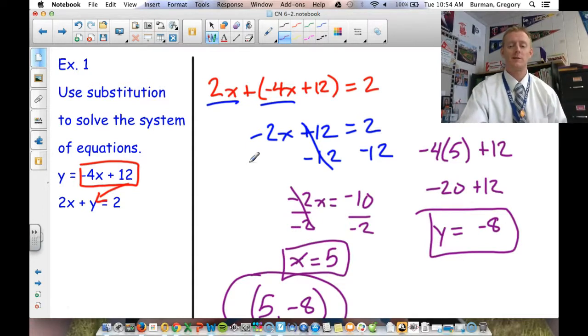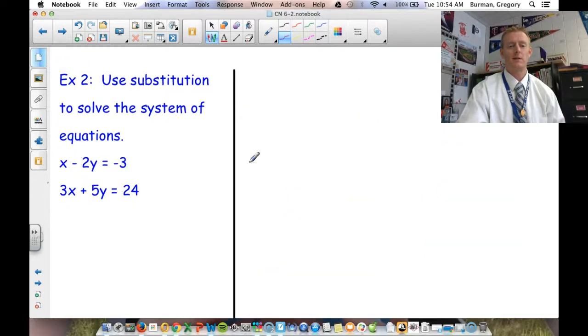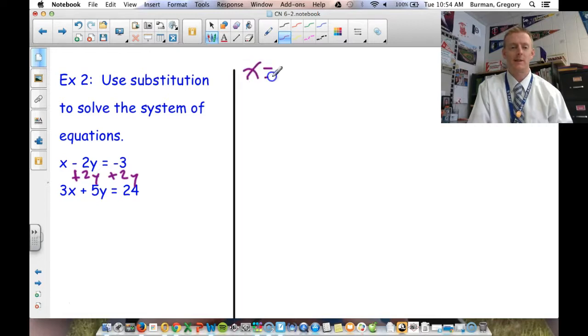That's probably the most simple thing that you're going to see for an example, because from here on out we have to solve for a specific variable. So in example 2, we probably want to get the x by itself in the first equation because all we have to do is add 2y to both sides. So my equation now says x is equal to 2y minus 3.